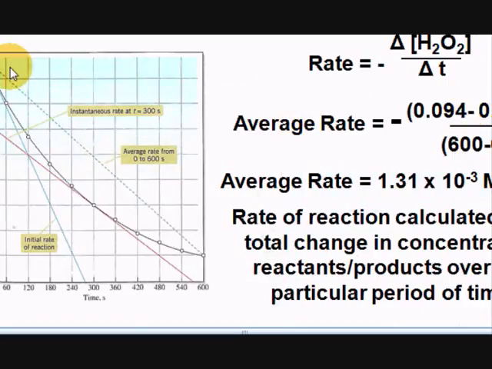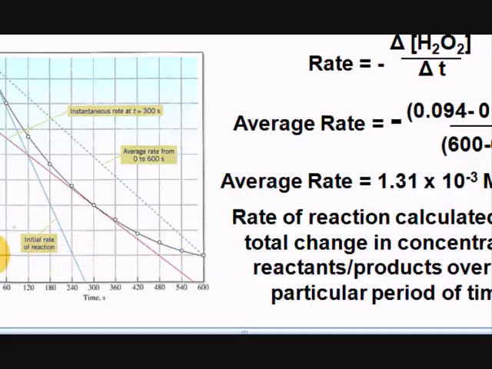Okay, so for instance, to get the average rate of decomposition, we're looking at the two endpoints of our graph, and you can see that on the right we've got our concentrations, the final concentration being read from right there.